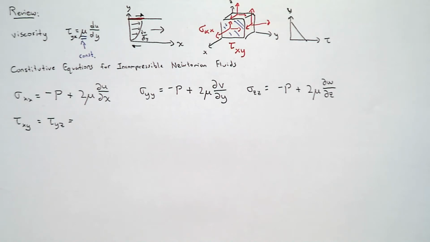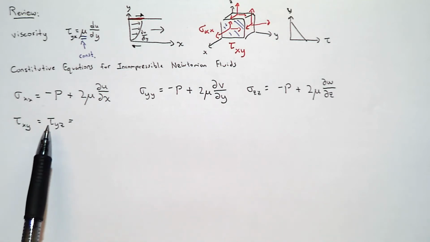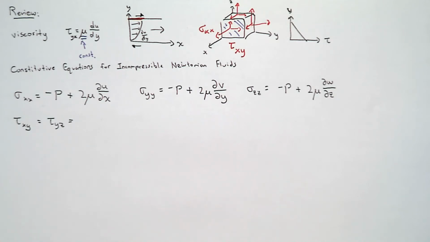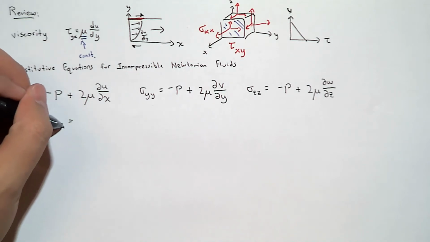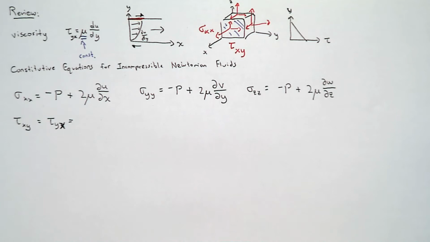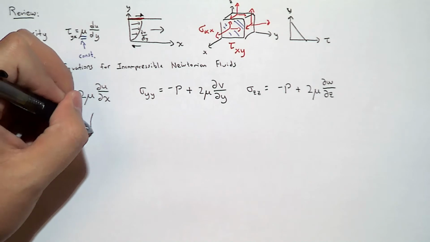So we mentioned last class that for incompressible fluids, the stress tensor tells us that tau ij equals tau ji. So tau xy will equal tau yx, and the constitutive equations show us that. So in the case of shear stress in the xy direction, we're going to have a viscous term, no pressure term, because pressure is always normal to the fluid particle, but we will have a viscous term.